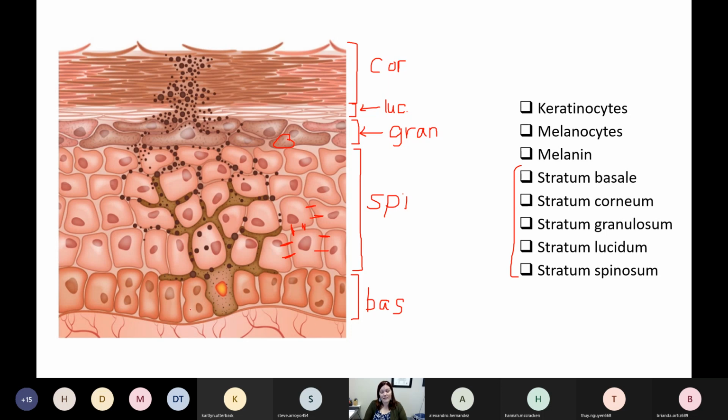Notice that stratum basale is the place where my melanocytes live. This funky looking cell with all of its little arms that are reaching out, all of those little arms allow my melanocytes to share their melanin with other cells. So the melanocytes live in stratum basale, but they share their melanin with cells everywhere. Stratum basale with keratinocytes and melanocytes.